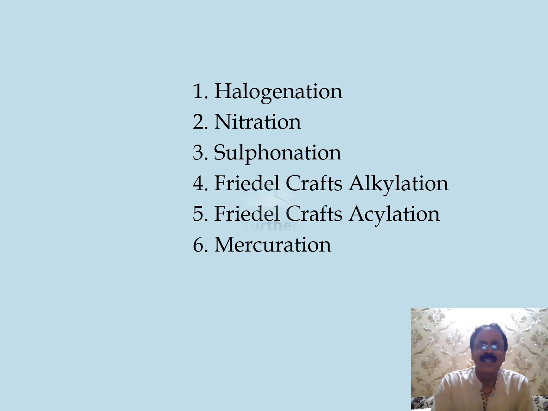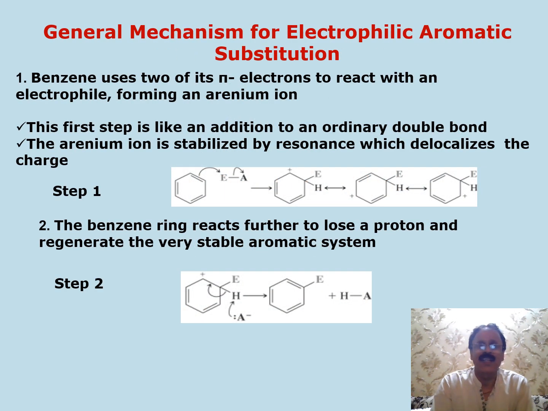Now, what is the general mechanism for the electrophilic substitution reaction? Whether it is halogenation, sulfonation, Friedel-Crafts reaction, or mercuration, all electrophilic substitution reactions of benzene or its derivatives take place in two steps.